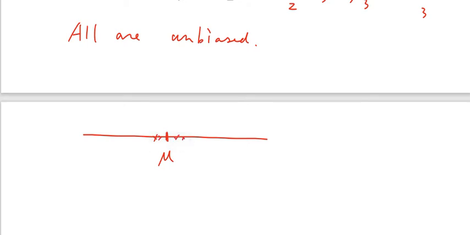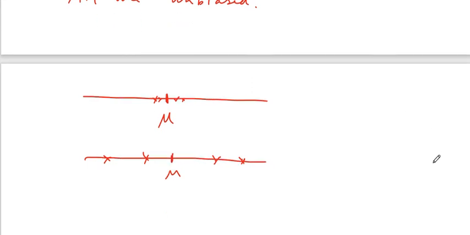For this other method, the true value is here, and sometimes the estimate is here, sometimes there, but the average is here. So both of them are unbiased, but we say this one is bad, right? Because it changes little here, while here the change is big.